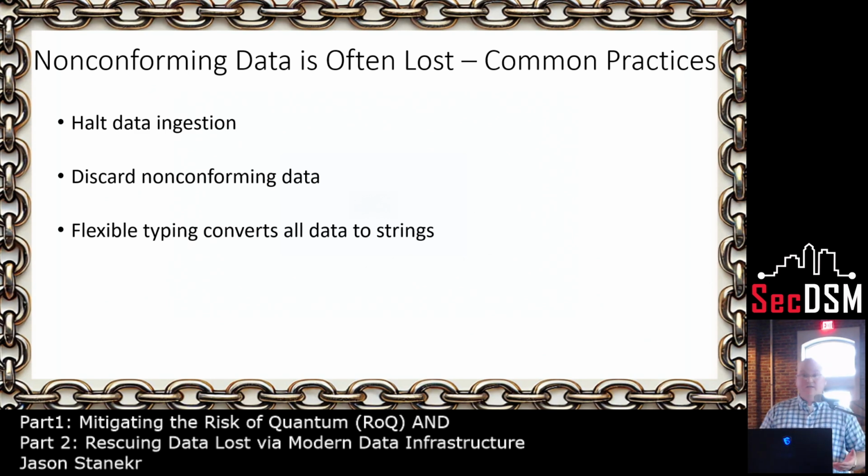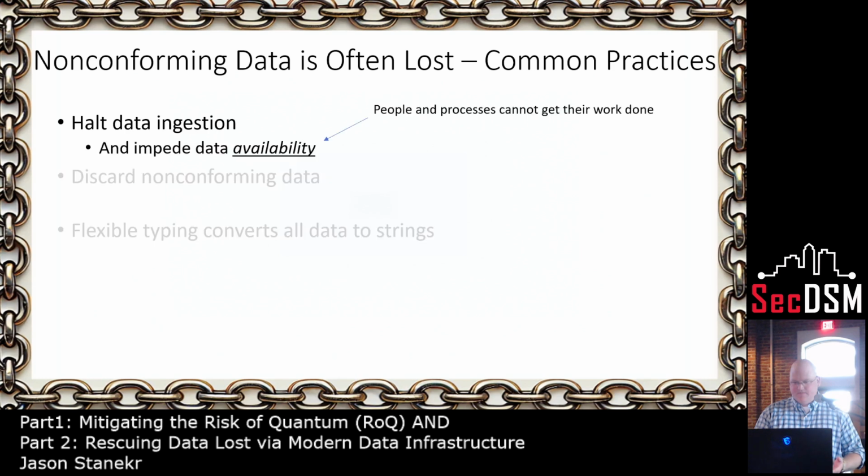So what are the consequences of these actions? If you halt data ingestion, then you're going to impede the availability of data and systems, and people and processes can't get their work done. Can anyone tell me a recent example where a system halted and caused an availability issue?